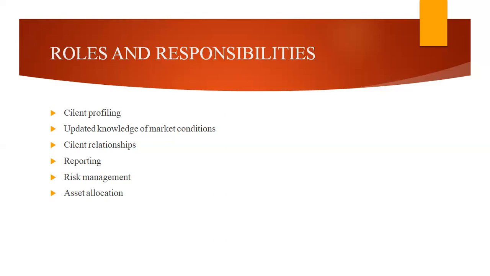We have seen already the different asset classes like bonds, debentures, government securities, mutual funds, equity, and preference. These are all called asset classes. We have to distribute the fund of the investors among the asset classes so that it will help them to reduce the risk. That's the main aim of portfolio.